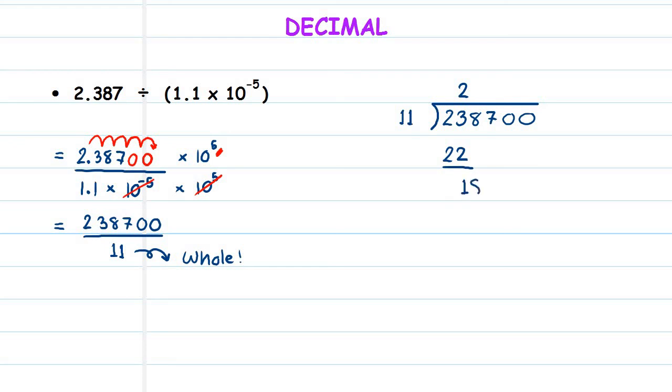Now we can pull down 8. Here we will have 1. 11 times 1 gonna give us 11. 18 minus 11 will give us 7. Now we can pull down the 7. And 11 times 7 will give us 77, and that is it. Here we put the 0 to complete it, and the answer is 21700.